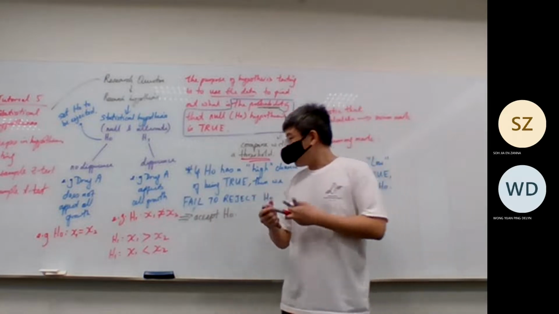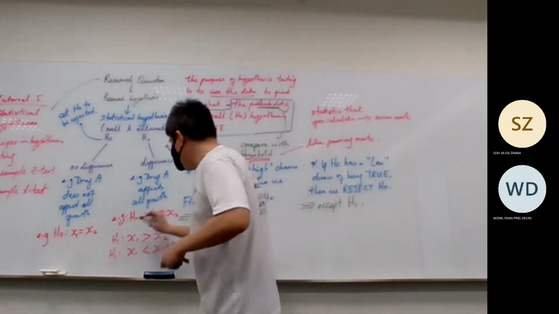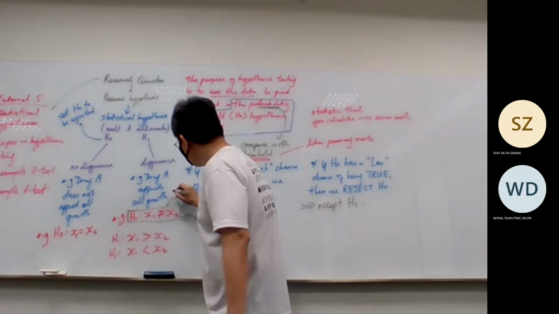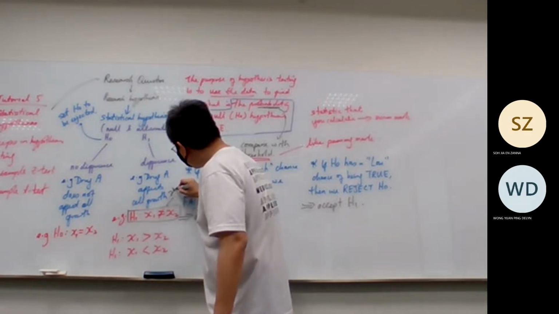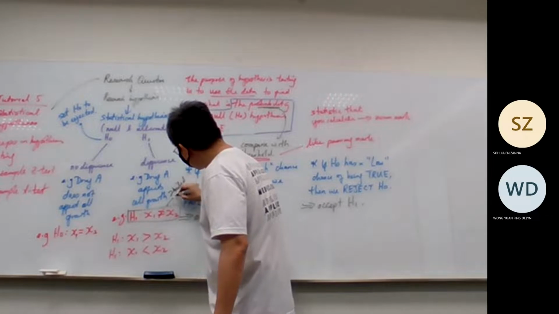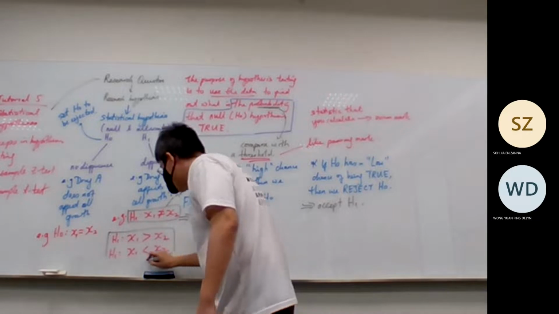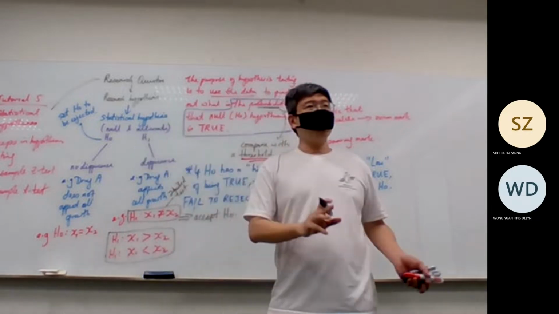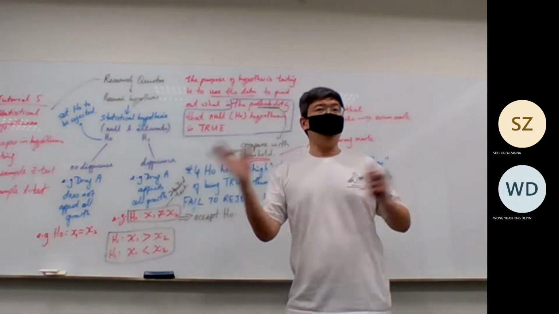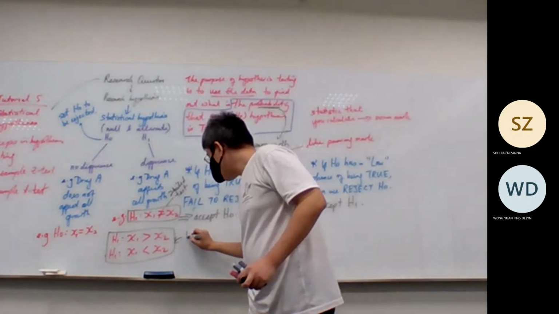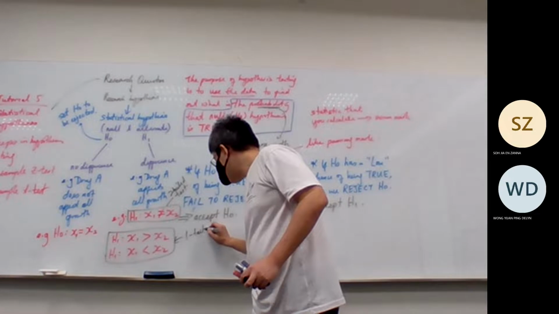If it can be more than or less than, then this we call a two-tailed test. Sometimes you only bother about more than or less than, either way, not both ways. This is called a one-tailed test.